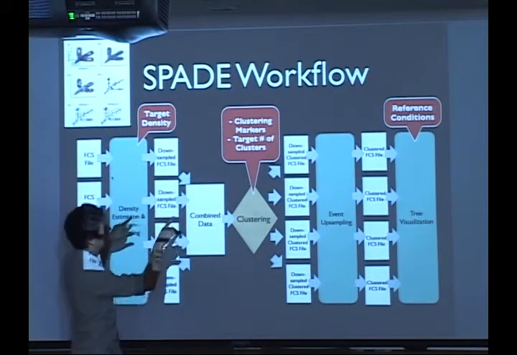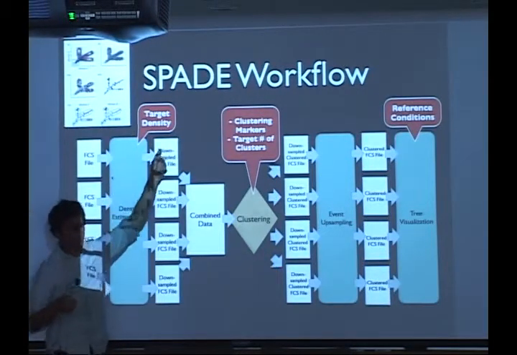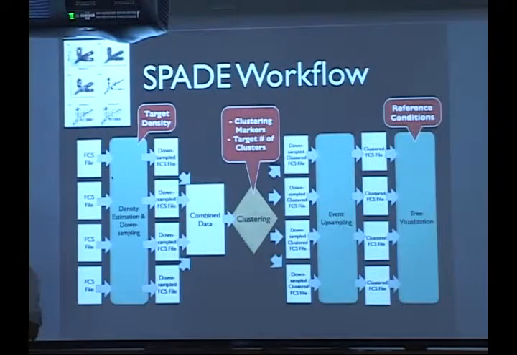So again, this is the workflow. The things highlighted in red here are the things you have to configure when you run a SPADE analysis. One thing you have to tell it is how much you want to downsample, how much you want to get rid of those extremely abundant events you've measured. Maybe you have lots and lots of T cells that you want to get rid of, so you set a low density downsampling target to get rid of lots of overrepresented events.